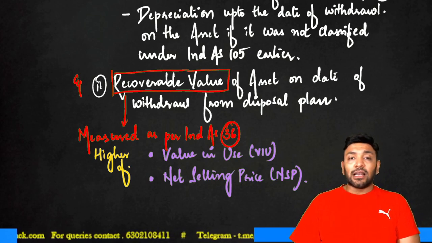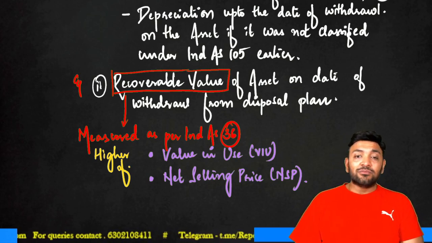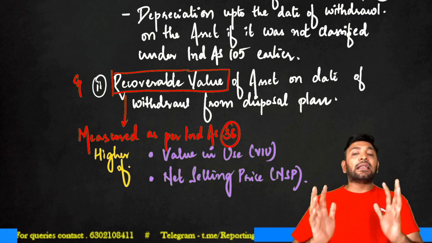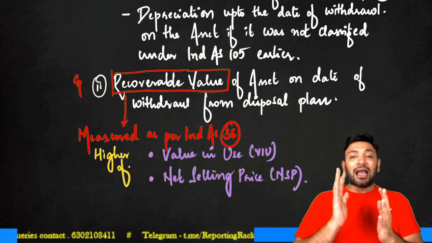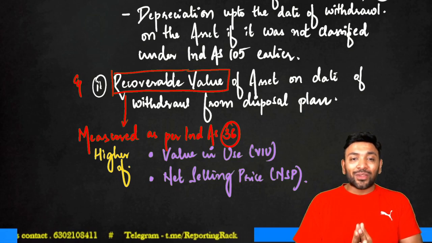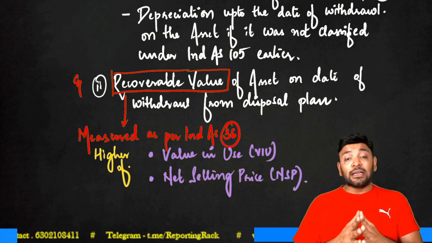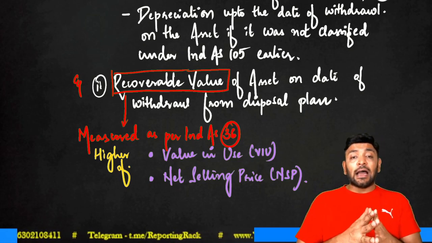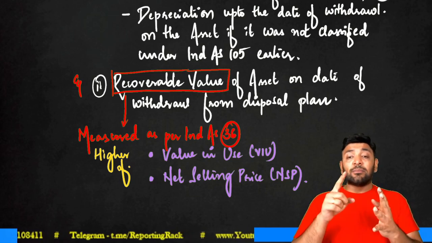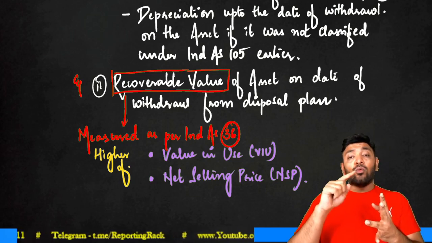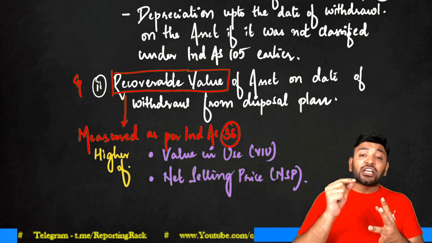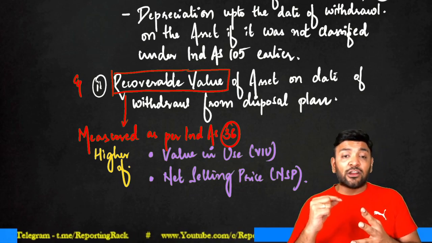Clear? Now guys, if you observe, we had a significant amount of discussion as far as what is a measurement, what is the measurement on the date when you classify it as Ind AS 105, what is the measurement on each balance sheet date, what is the effect or the recognition of increase or decrease in fair value of the asset.